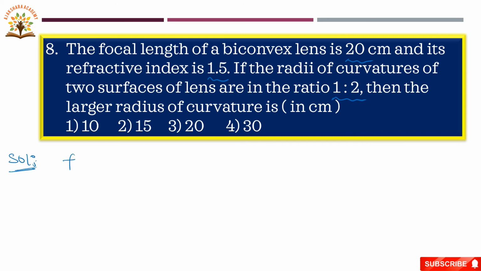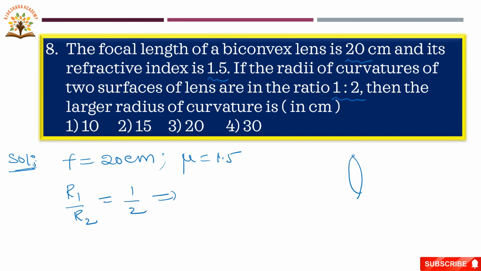Given focal length 20 cm and its refractive index is given as 1.5. This is a biconvex lens. So the ratio is given as r1 by r2 is equal to 1 by 2. So from this r1 is equal to r2 by 2. Now we have to calculate the larger radius of curvature.